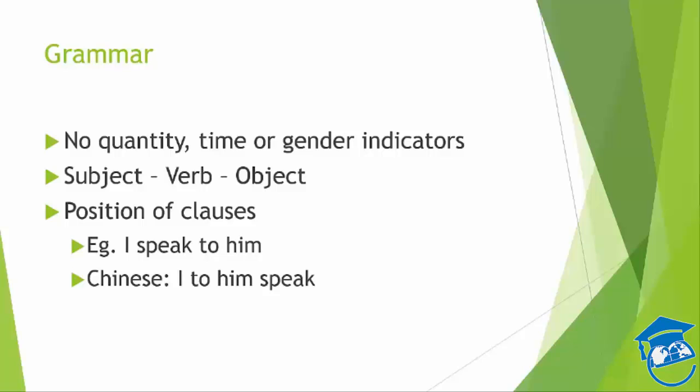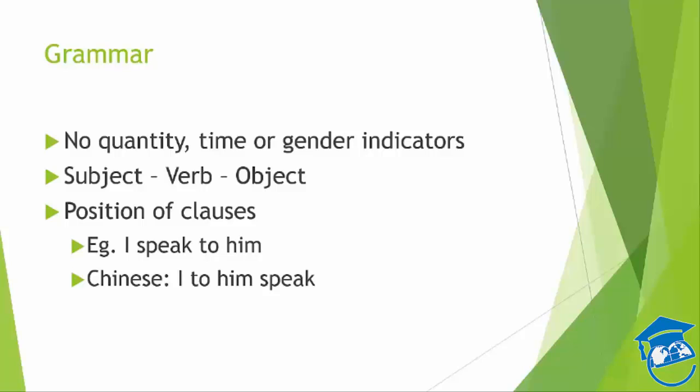And for verbs, whether the actions described happen in the past, present, or future, the form does not change. We'll just use other words to indicate when the actions happen. So without these attributions of quantity, time, or gender in the nouns, verbs, or adjectives, they will save you a lot of memorization.